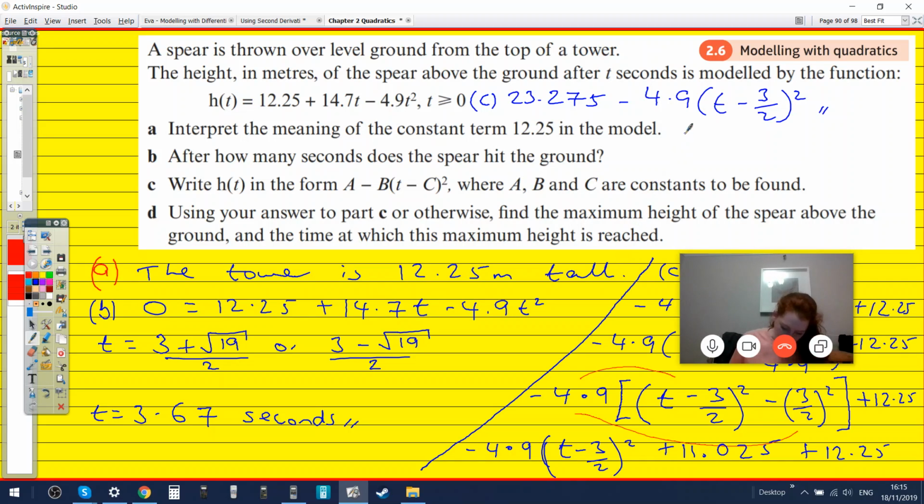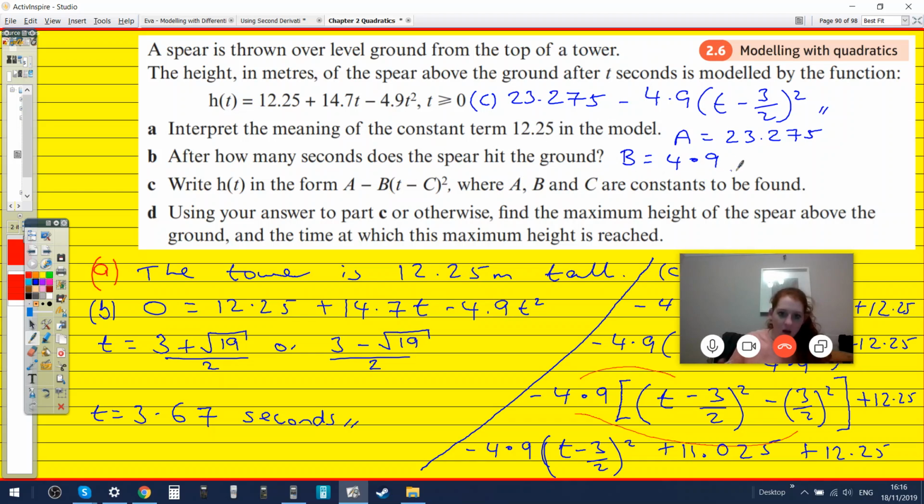Oh, I suppose. Hang on. So what is A? What is B? What is C? Just in case. So A is the 23.275. Okay. B is the minus 4.9. And so I believe it's just 4.9 because they have a minus as well.